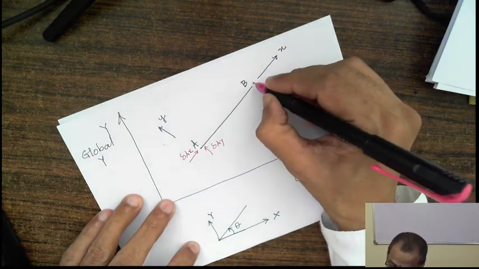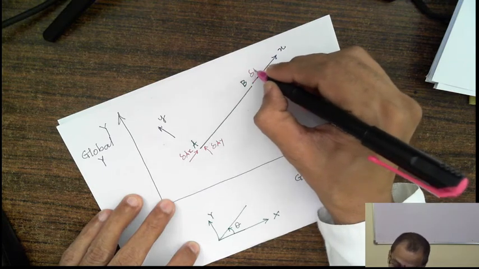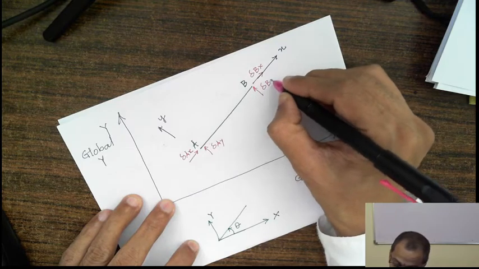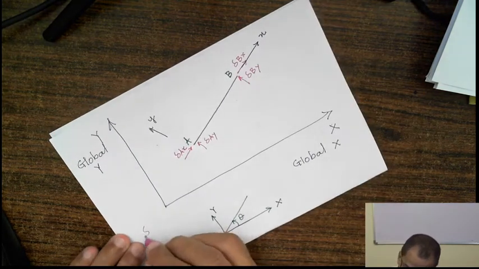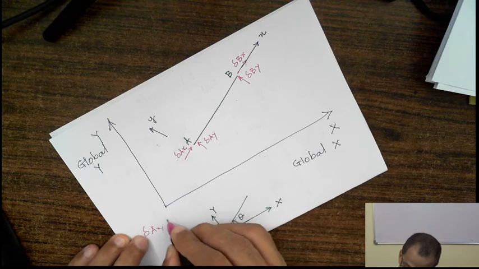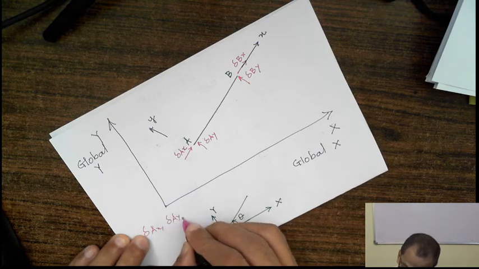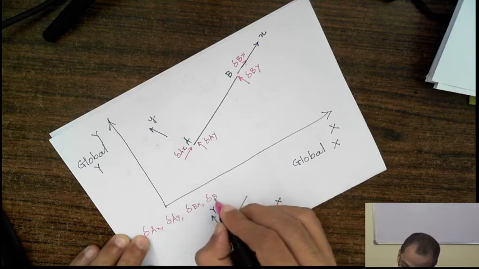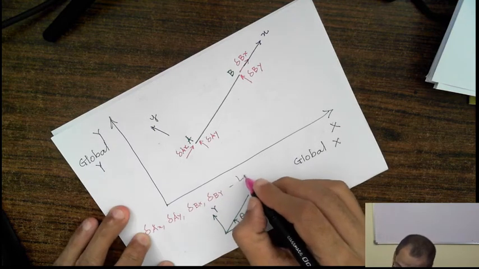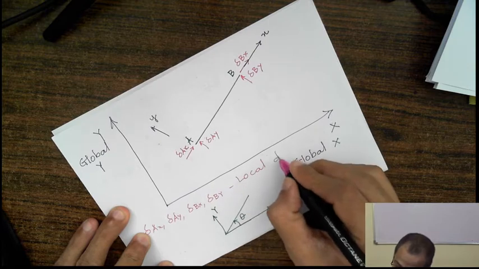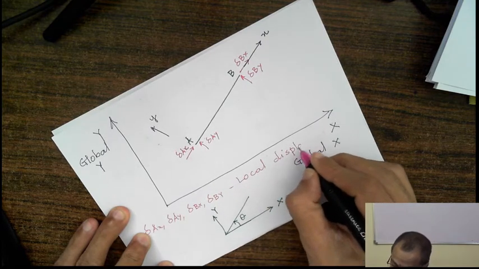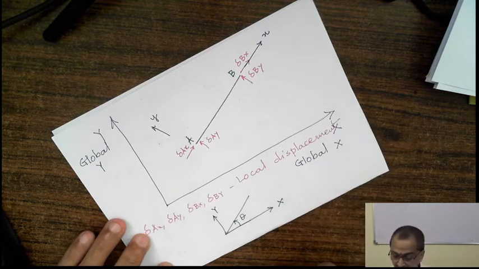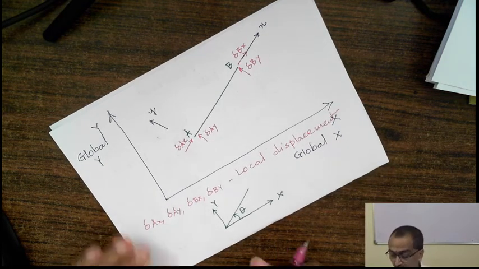Similarly, let us consider the displacement delta BX and delta BY. So I will write delta AX, delta AY, delta BX, delta BY are local displacements.